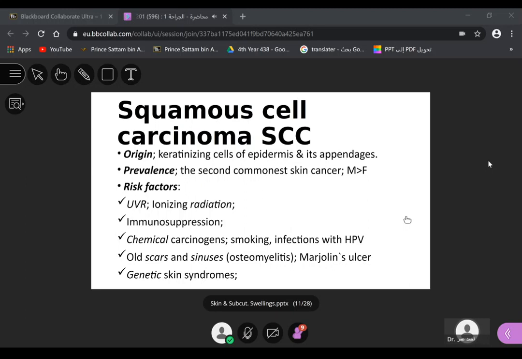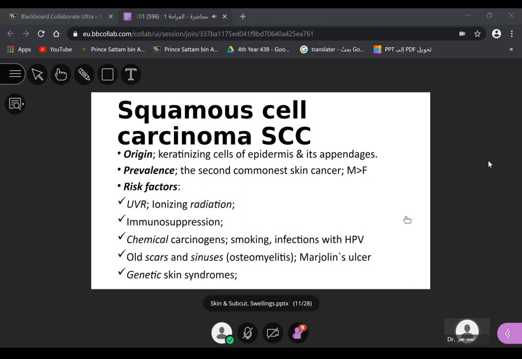The risk factors for squamous cell carcinoma are almost the same as for basal cell carcinoma: ultraviolet light, ionizing radiation, and chemical carcinogens. But here there are certain things to be mentioned. Squamous cell carcinoma can happen in patients who are immunocompromised, for example those receiving immunosuppressant drugs, like patients who underwent renal transplantation and take immunosuppressants for a long time.